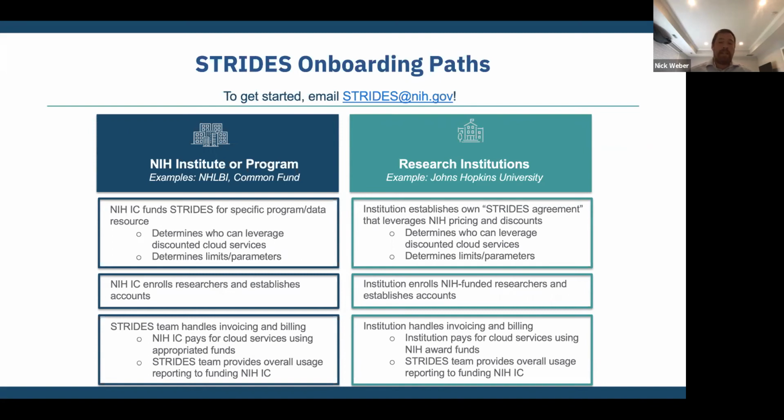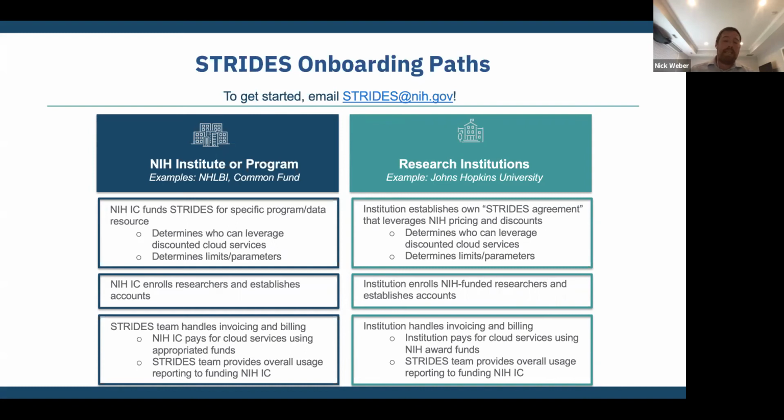So on the left-hand side, path number 1 here is something that some NIH institutes that may be a funding institute for your research program have chosen to go down. I'll use the Common Fund as an example. What they tend to do is say, we're going to put Common Fund award dollars onto these STRIDES agreements that we have with AWS or with Google.